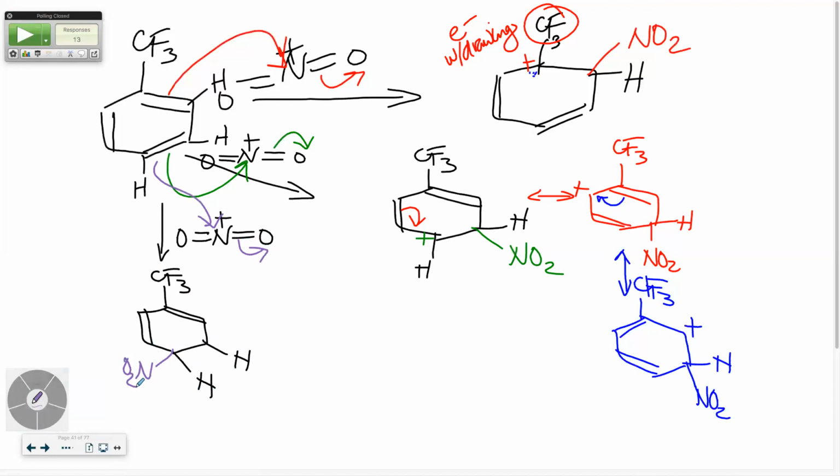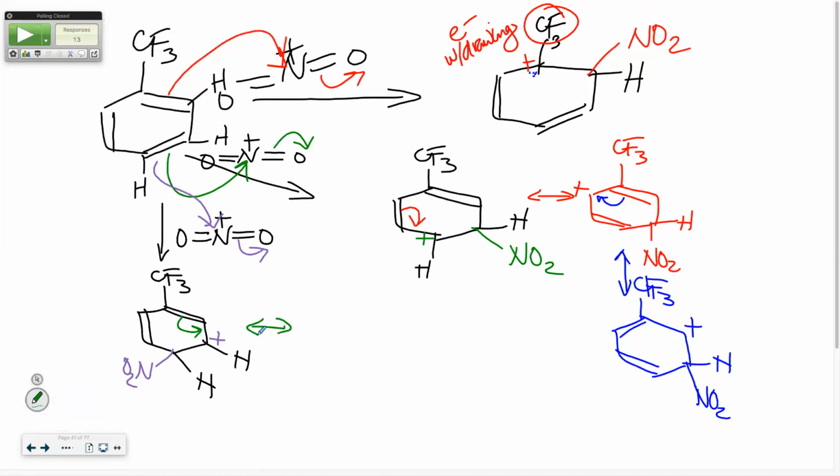Now where is my carbocation? It's over here on the meta spot. Well, that's not on the carbon next to the CF3, is it? What happens if you do resonance, though? Where does the carbocation end up?